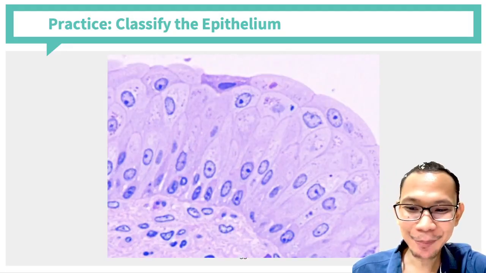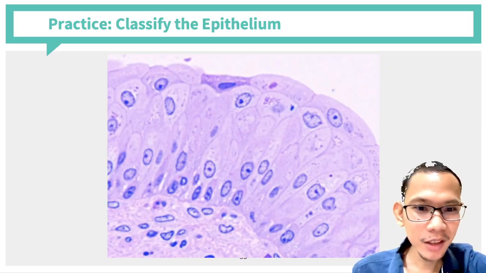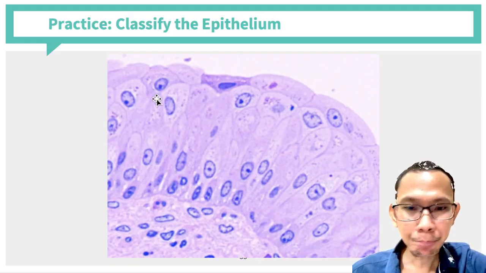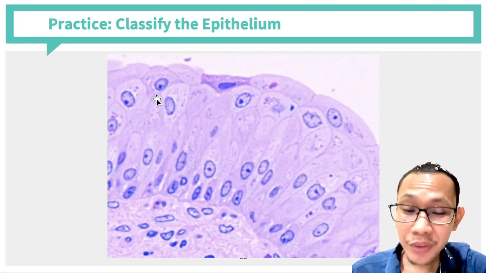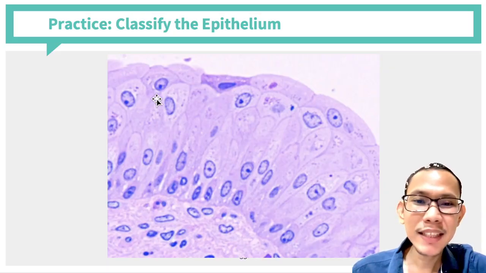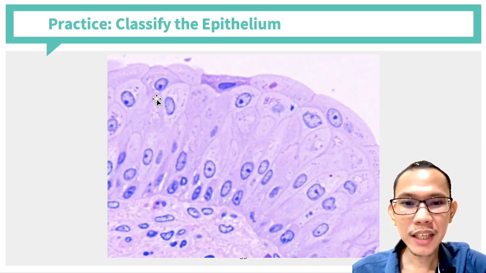Ano kaya to? Hala, iba-iba ang shape. May mga shape dito na nasa stretch out na. So, one clue here is that you can see different morphology of the epithelium or the cell. Again, ang clue talaga natin is iba-iba ang kanyang morphology.